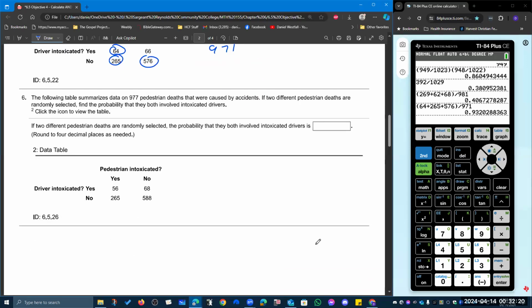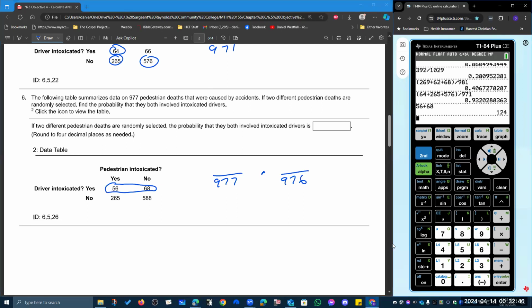And if two different pedestrian deaths are randomly selected, so this is going to be 977, this is going to be 976. Find the probability that they both involved intoxicated drivers. So I'm interested in this. 56 plus 68 is 124, and that's 123.